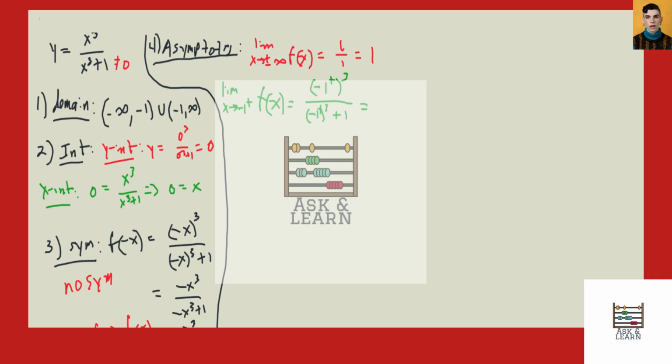Now a number slightly to the right of negative 1 is still going to be negative, and if we cube a negative number, it's going to be negative still. And then if we go and cube negative 1 again, it'll be slightly to the right, and it's still going to be larger than negative 1. So if we do 1 minus something larger than negative 1, well, that's going to be positive. So here, this is going to go to negative infinity.